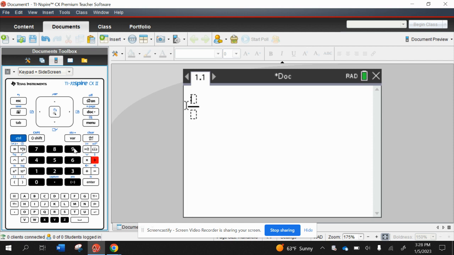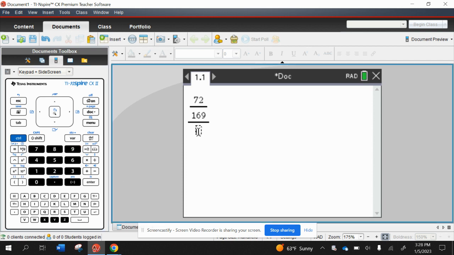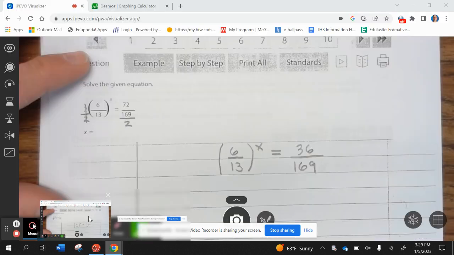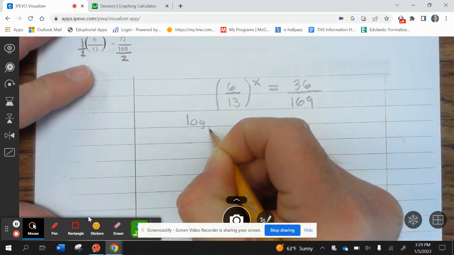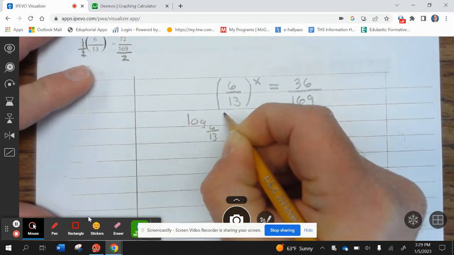So we're going to do control divide, and that's 72 divided by 169 divided by 2, which is 36/169. Okay, so then we're going to take log base 6/13 of both sides.